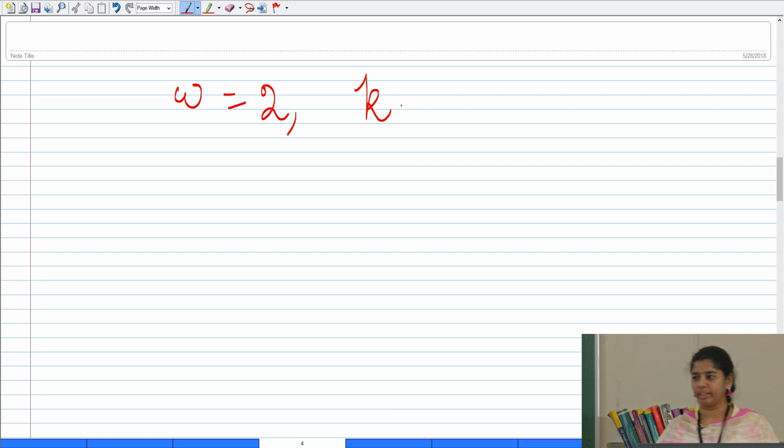So here we will go into the next thing. Next question is, given omega equal to 2 and some integer k, think of a graph whose chromatic number is k and clique number is 2. Is it possible? Can you construct a graph, or is it not at all possible?